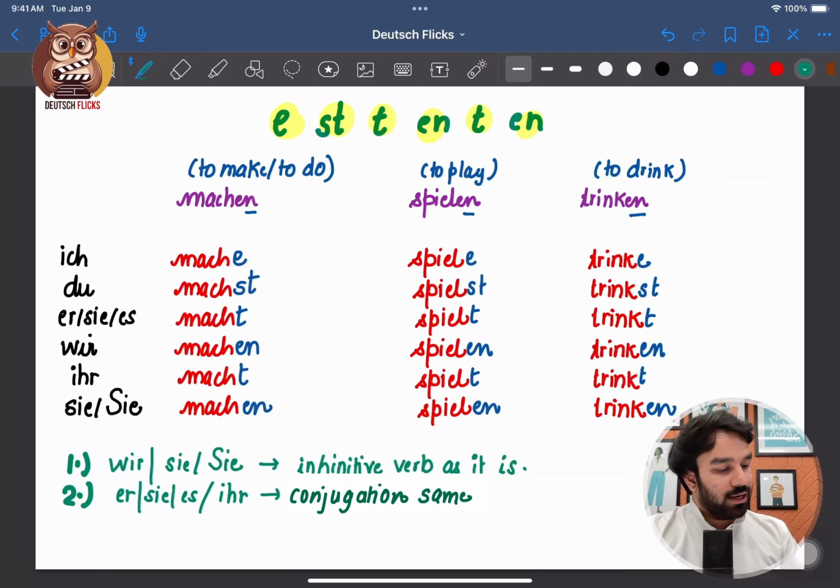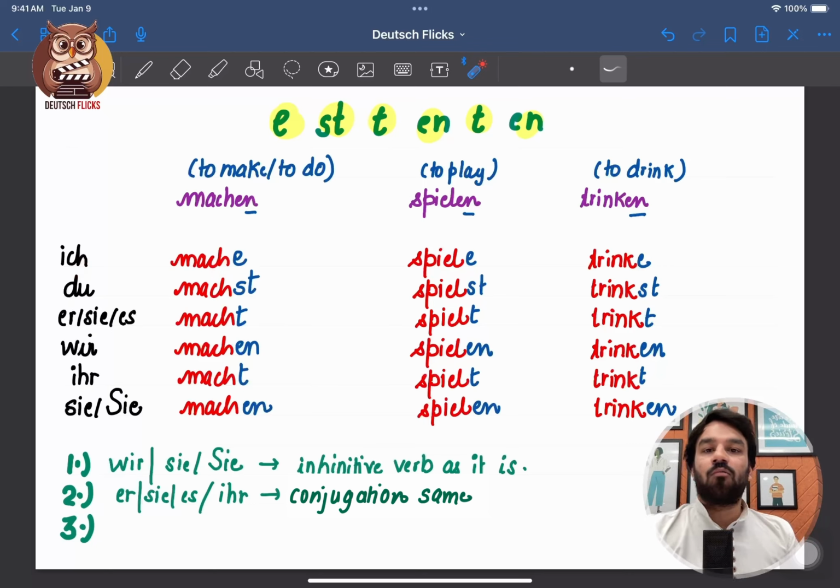Now our third observation is how we are conjugating the verb with ich. What we are doing is taking the infinitive verb and dropping this n from it. So this is the conjugation with ich. Ich mache. For spielen, ich spiele. Trinken, ich trinke.